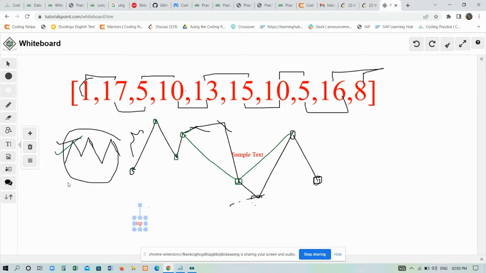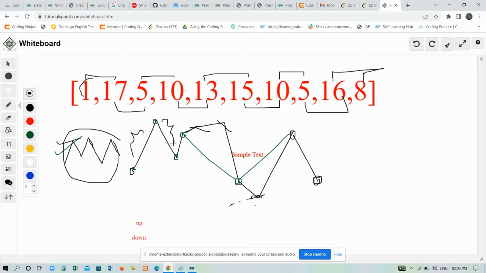That is, I need to insert the second text box. That is down. So this down variable we will increment when our difference between the elements comes out to be negative.